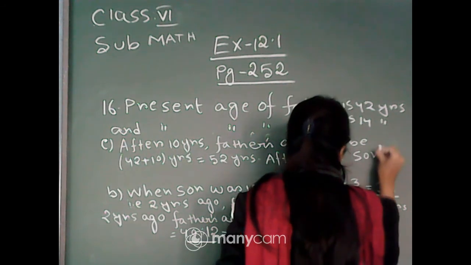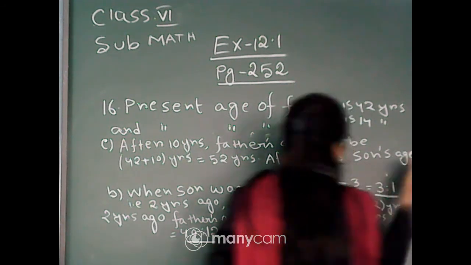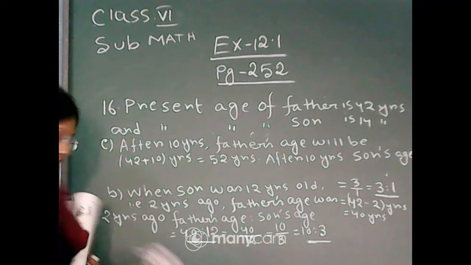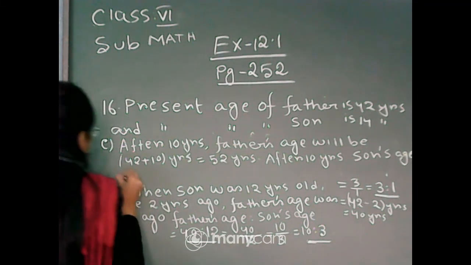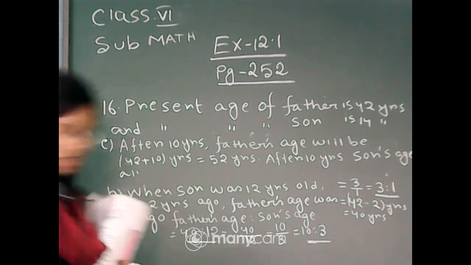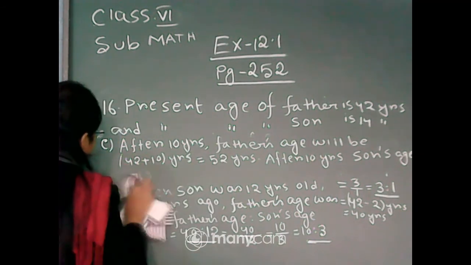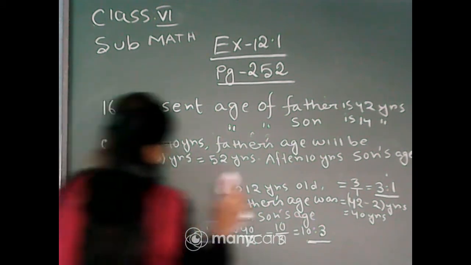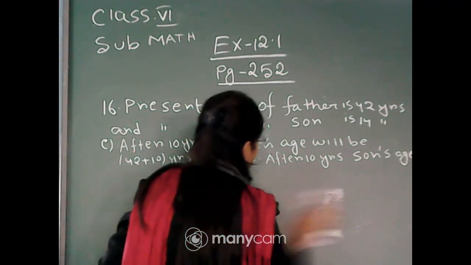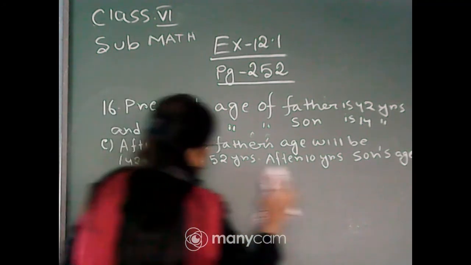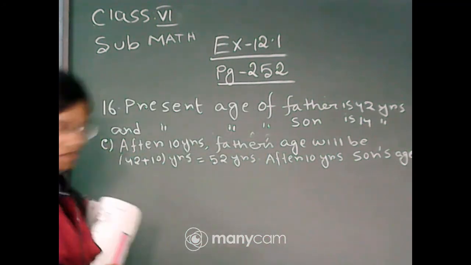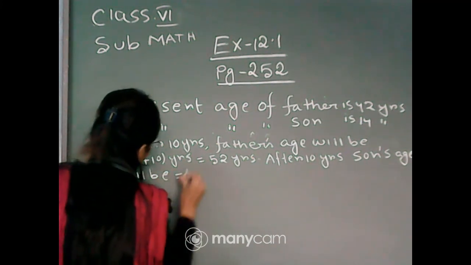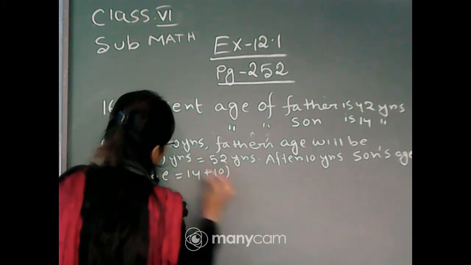son's age will be, after 10 years, son's age 14 plus 10 since son's present age is 14.